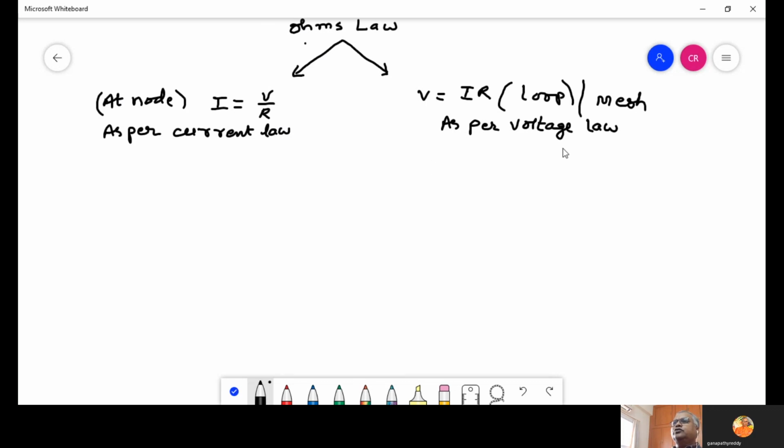That's why this is also called loop analysis. Loop or mesh, this is called loop analysis. This is called nodal analysis.